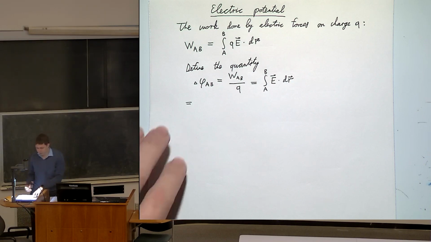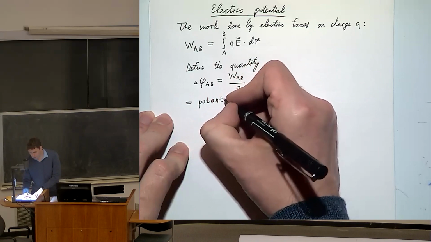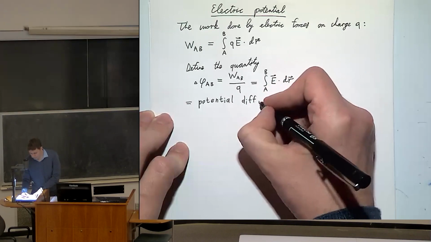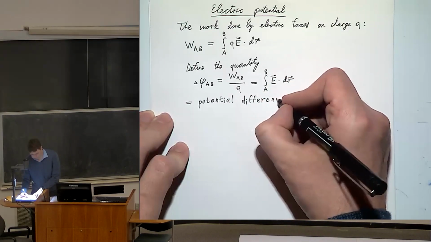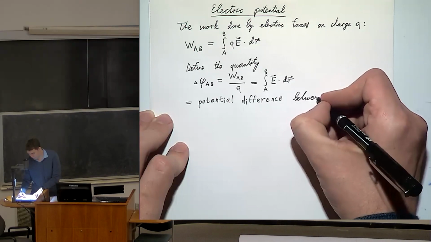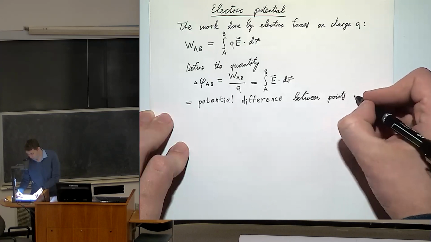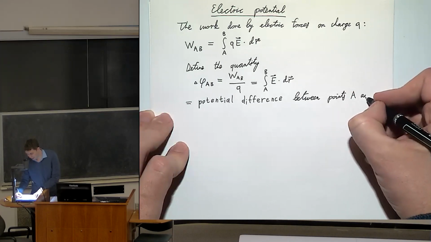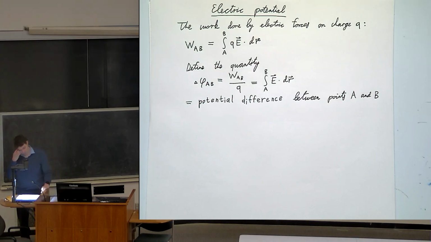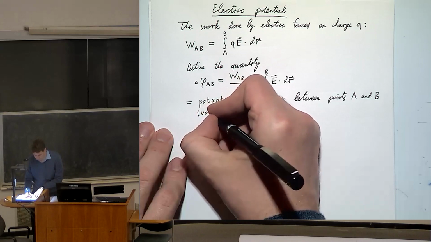And that quantity is called the potential difference between points A and B. Also known as voltage difference.